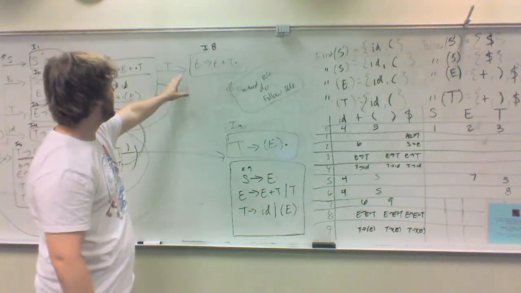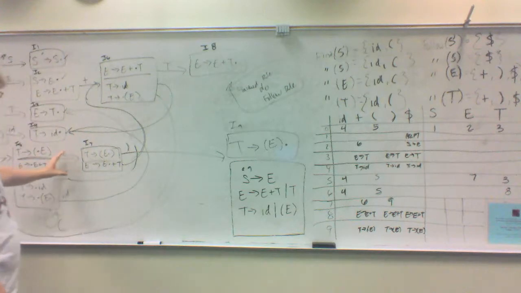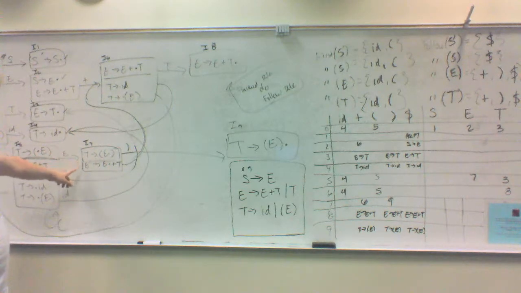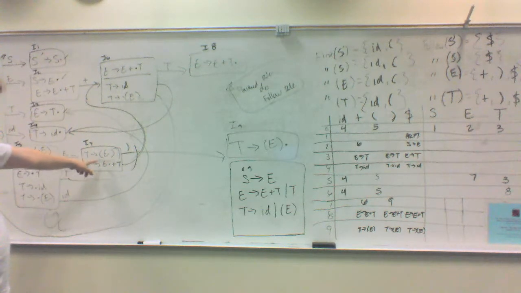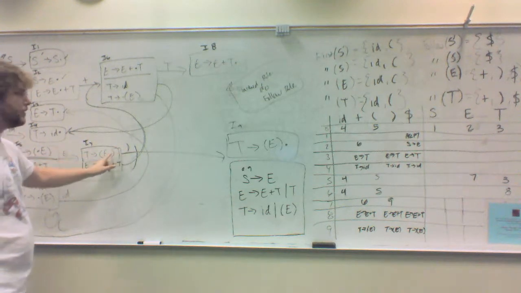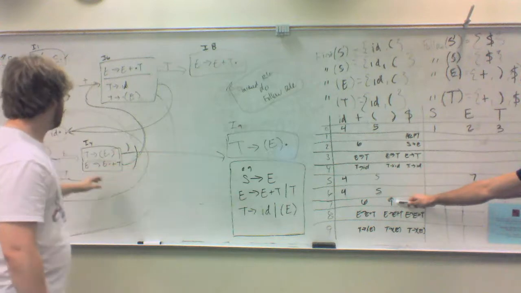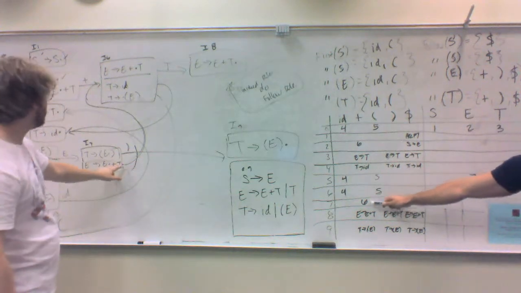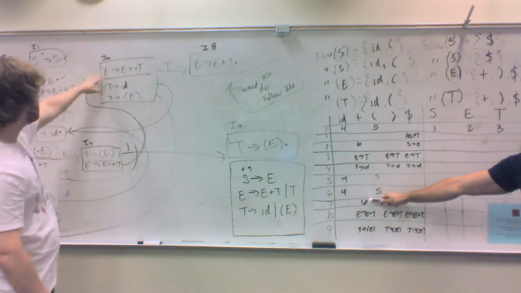Going down to I7 here, we can see that no rule is finalized, but on a closed parenthesis, we go to I9, and on the plus, we go to I6.